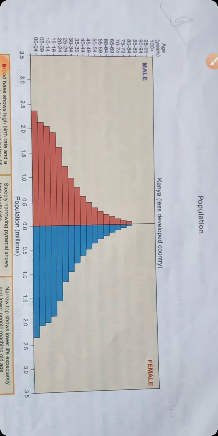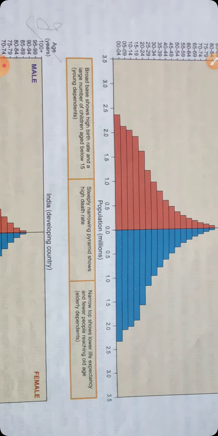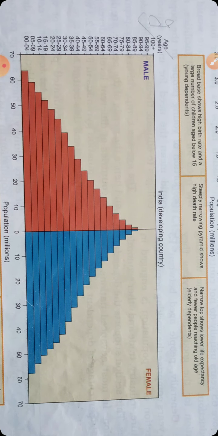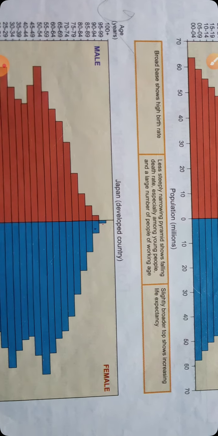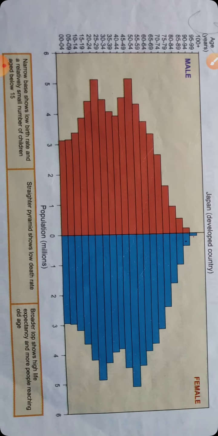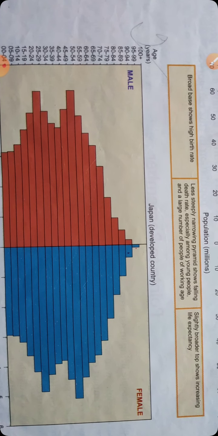In less developed countries, you see there are more young children and adults are very few, because with the passage of time they are dying from so many problems. In developing countries also, as a person reaches higher age, they die because of lack of medical facilities. But you see in the developed countries what is happening.